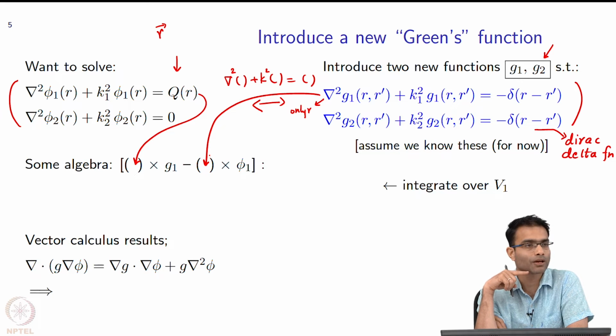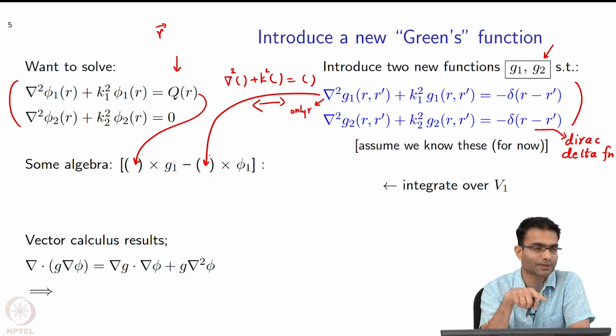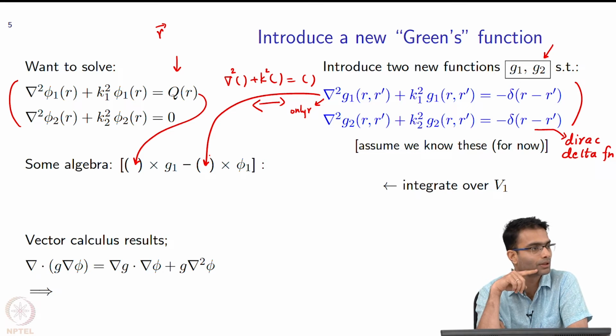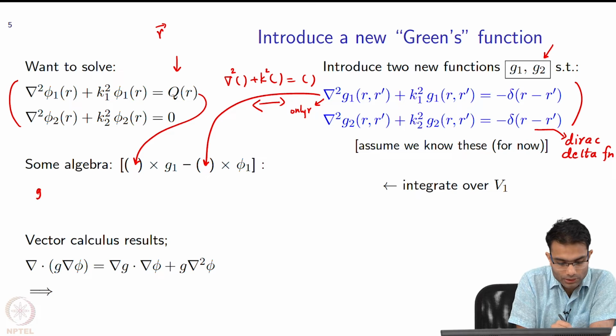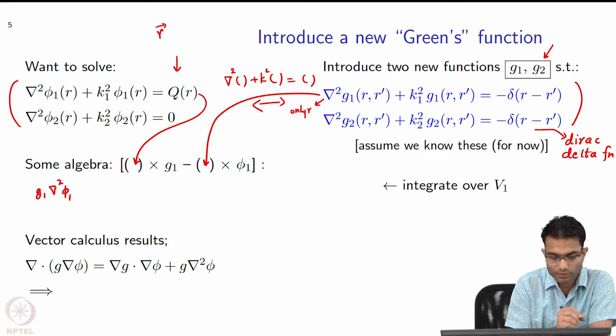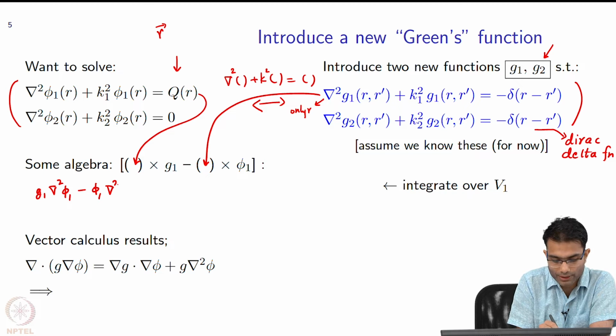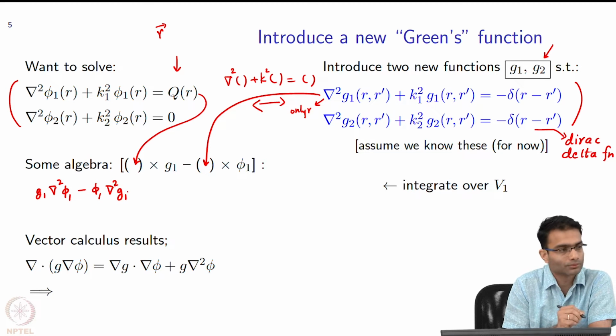On the left hand side, how many terms are there? There should be 4 terms, but as a result of multiplying this by G1 and that by phi 1, what will happen to the k squared terms? They cancel off, right? So I will have a G1 del squared phi 1, okay, minus phi 1 del squared G1, right.